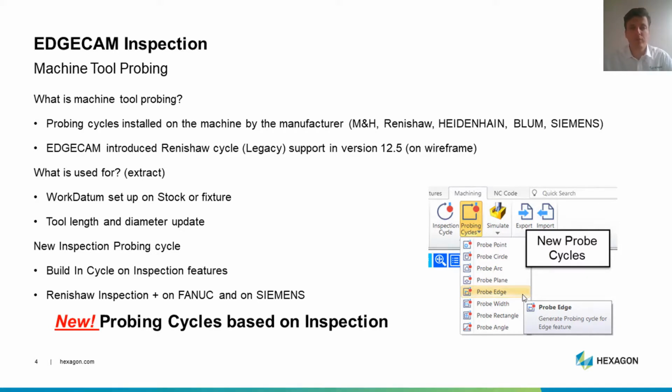Most customers use these cycles to update the work datum on a stock or on a fixture, or update the tool length or diameter based on a measured feature. EDGECAM supports these cycles from version 12.5. But those cycles were limited only to wireframe, and the new inspection cycles, because they are based on inspection features, make it much easier to create the features and select directly from the solid.